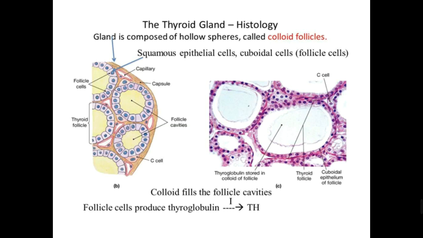As you see here in this figure, the follicles of the thyroid gland are filled with the colloid, where the follicle cells produce the thyroglobulin.